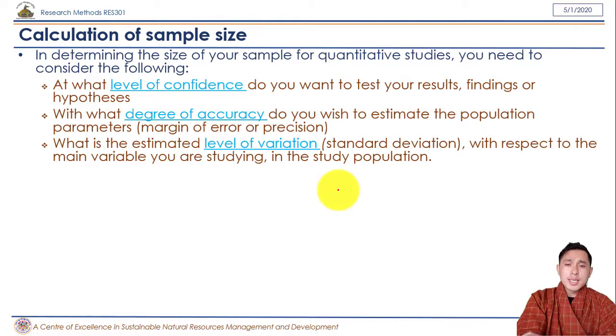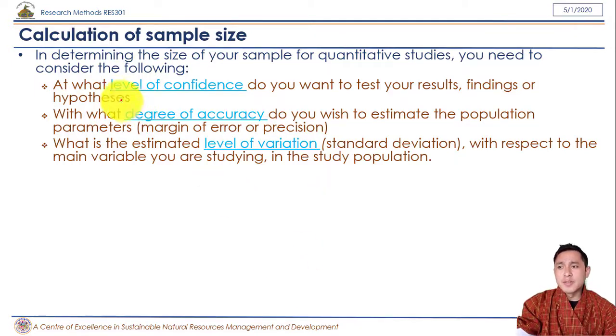If you look specifically now to determination of sample size, there are two factors that will affect the number of samples that we choose. First one is the level of confidence. So the level of confidence here is whether you are looking at your results, findings, or hypothesis through 95% of level of confidence, or 99%, or 100%.